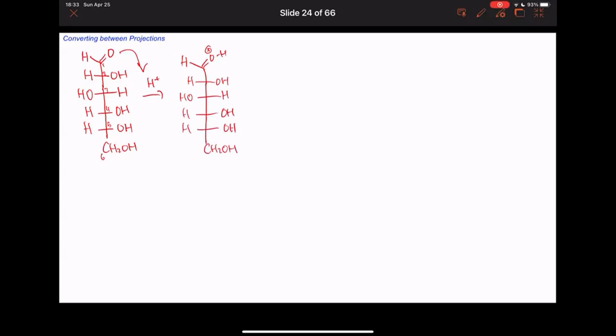Once you protonate, you're going to use your last alcohol to come around and attack that first carbon. And then this will give you this kind of fake form, but I'll draw it out like this just so that you guys can see.